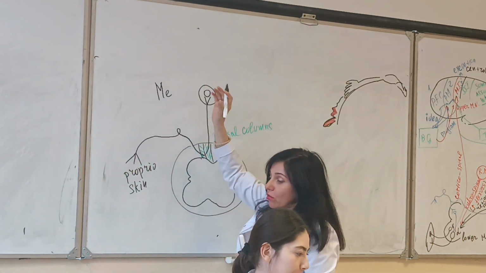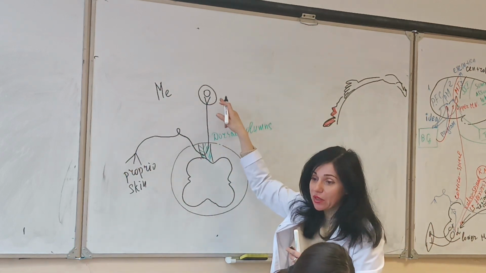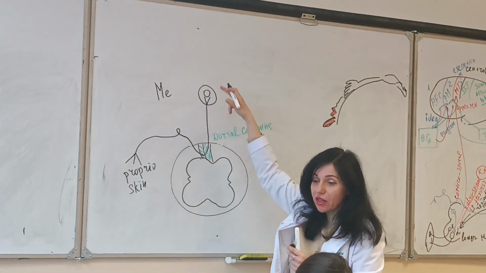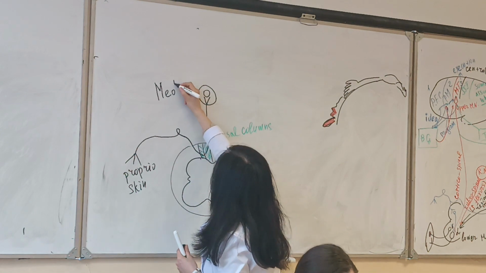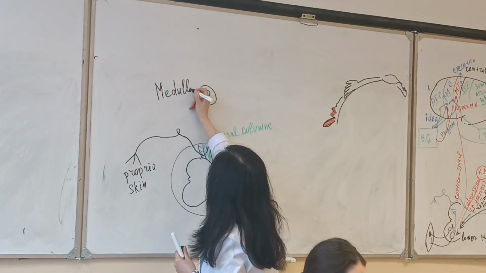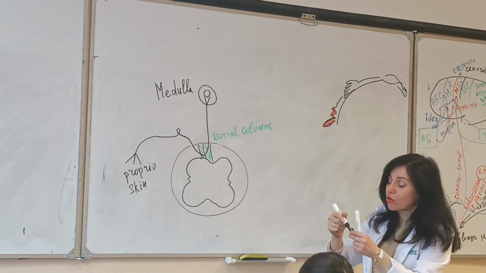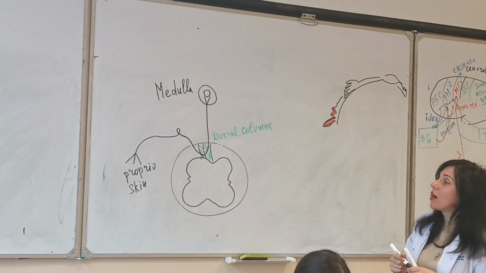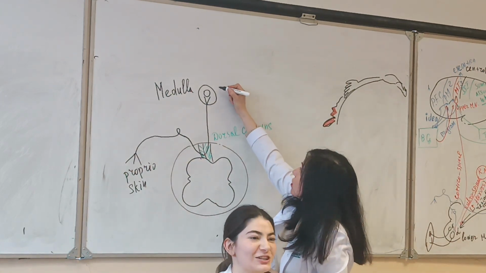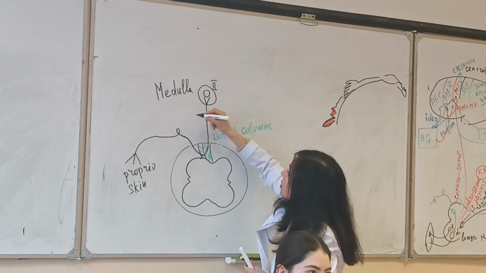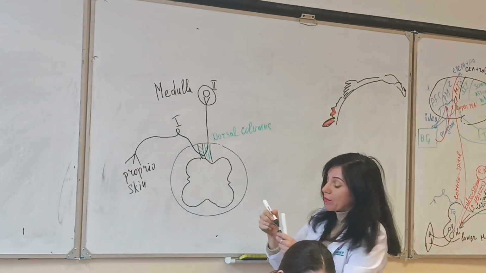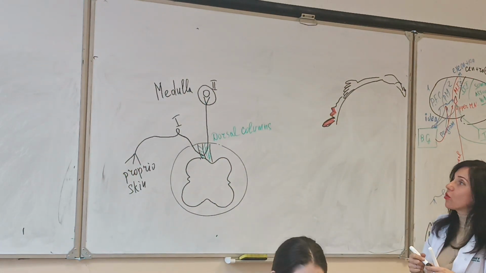I don't require the dentist to know the names, but you must know that here in medulla are nucleus gracilis and nucleus cuneatus. It's the second order neuron. First order is primary sensory.